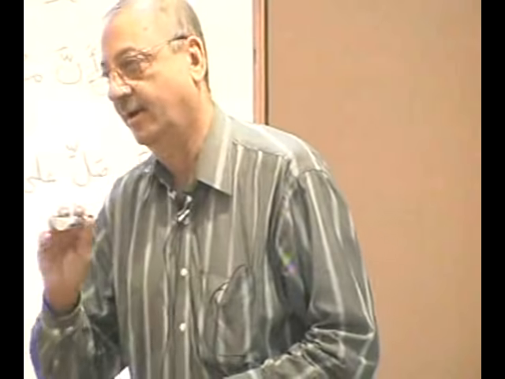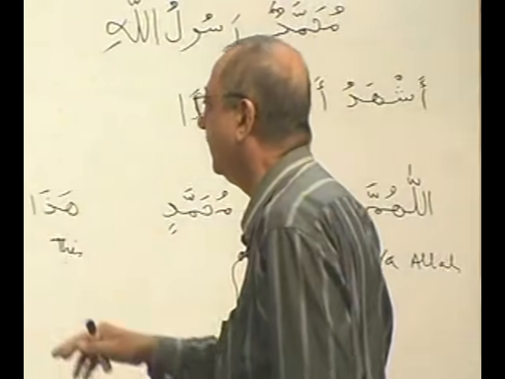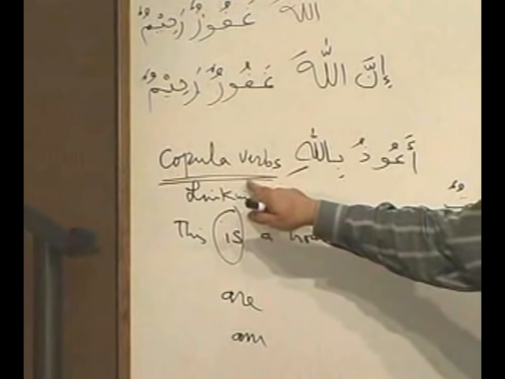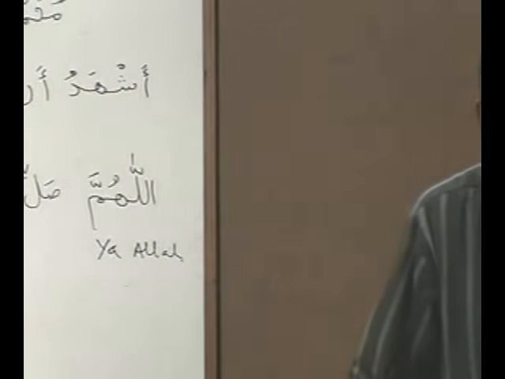There is no is or am or are in Arabic. So you have to keep that in mind. And what are is, are, am called in English grammar? Copula verbs. Yes, brother. So in Arabic there is no linking word. It is understood to be. We understand it, but it's not there. Okay, brothers and sisters?